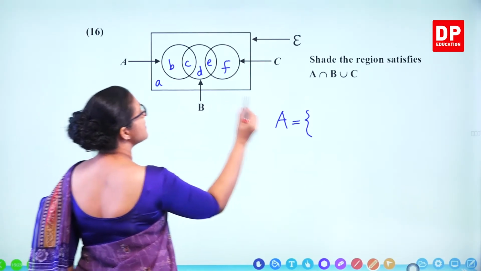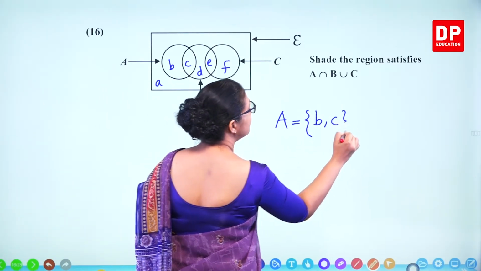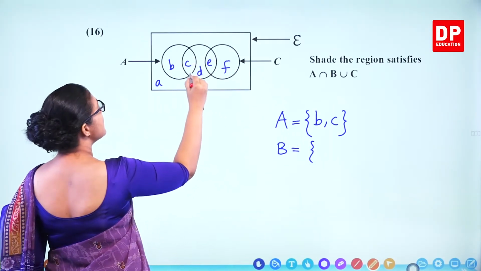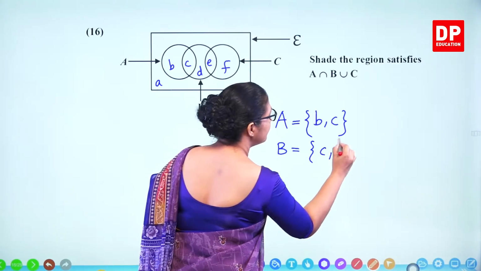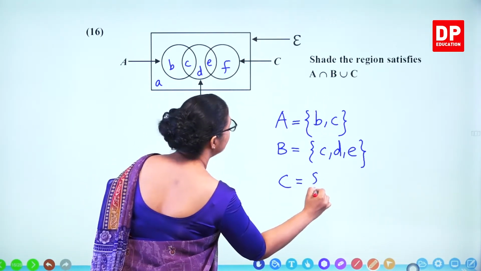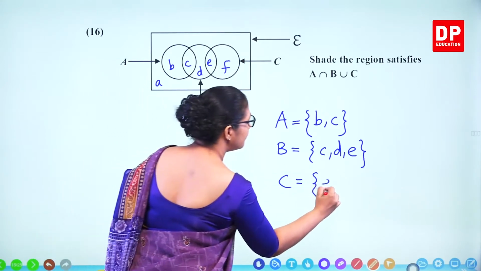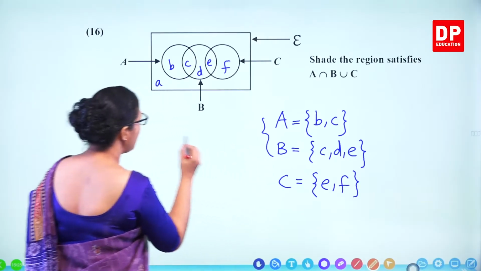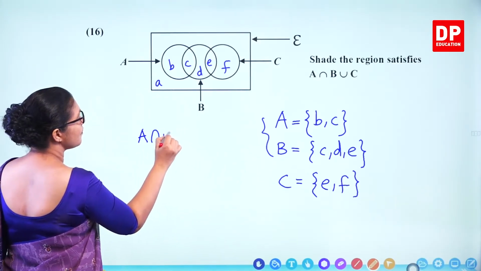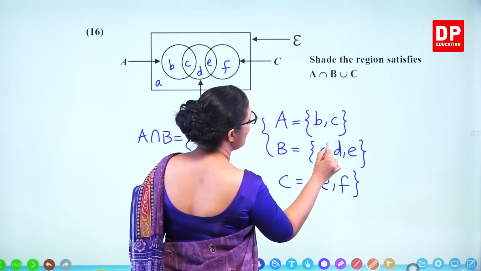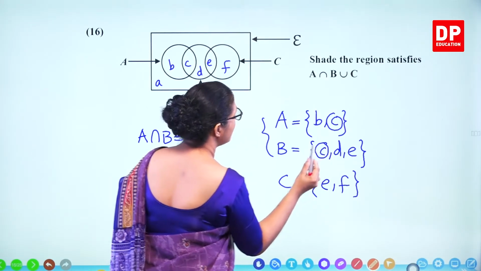A is B and C. B circle is C, D, E. Then C, E, F. Now we'll do A intersection B. Common terms for A and B. What are the common terms? C is common. So that's C.